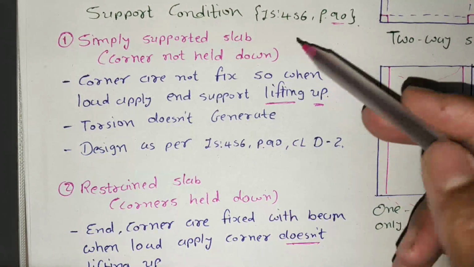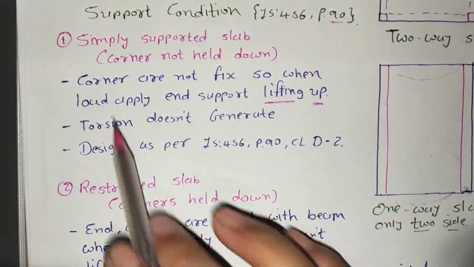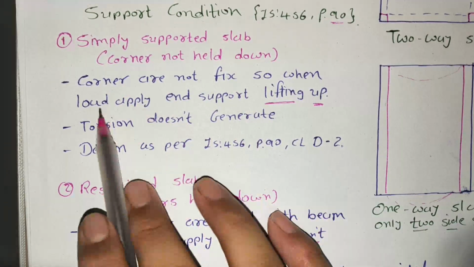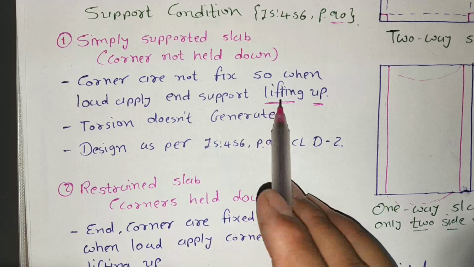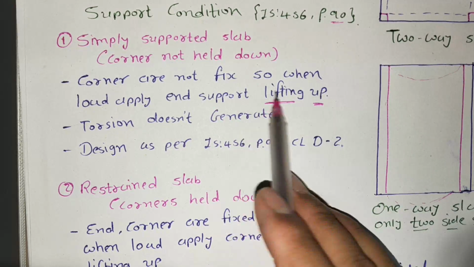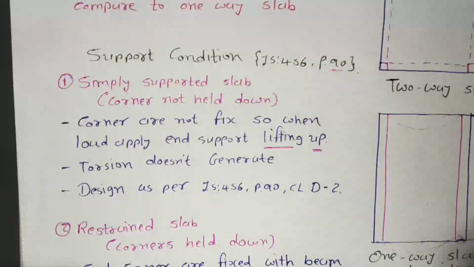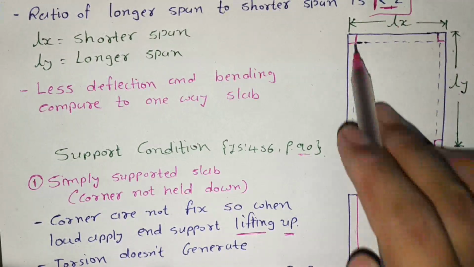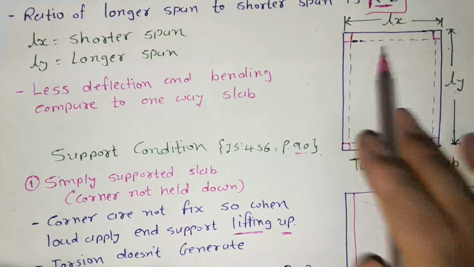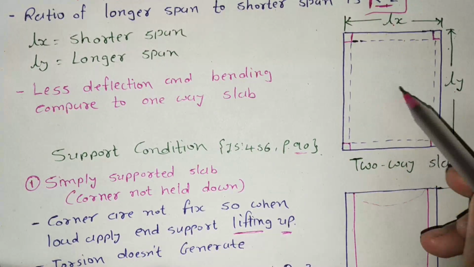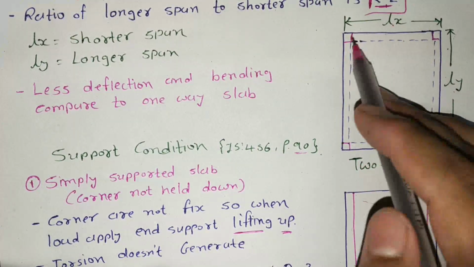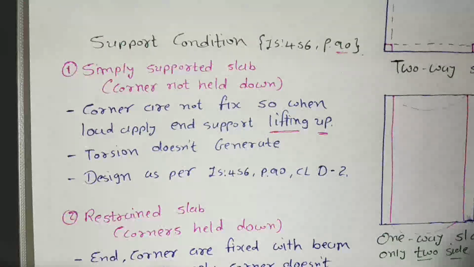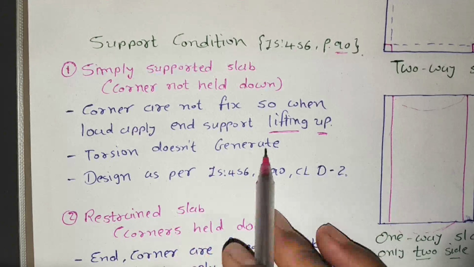What is the difference between simply supported and restrained? Let's clear it up. Corners are not fixed, so when load is applied, the end support or corner lifts up. That means the end corners are not bound with the beam. So when the load is applied over the mid span, the corner will bend in the upward direction and torsion does not generate.